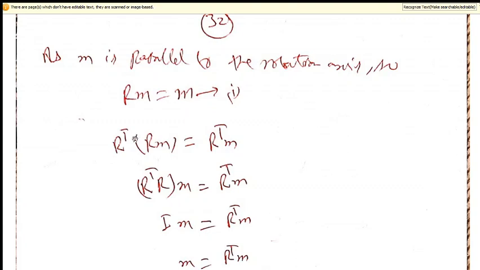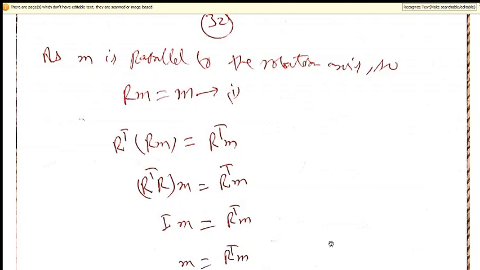Again we operate with the transpose of R on both sides. So we can write R transpose RM equals R transpose M. We can write this with the help of the product of tensors: R^T R M equals R^T M. Since this is a rotation tensor, it is orthogonal, so their product will be identity.